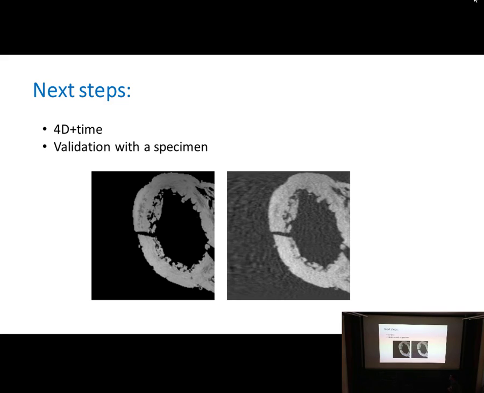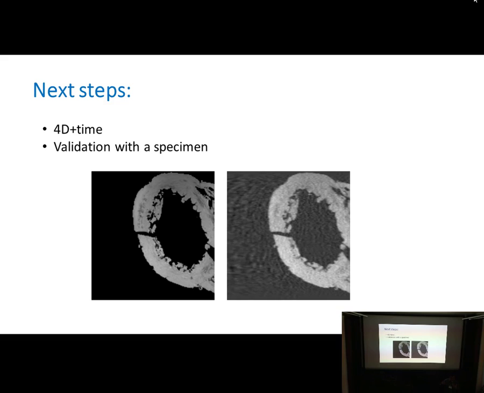Of course, there are limitations. What are the limitations? First of all, when the heart is dead, things are not fully stretched. In many places, the trabeculae will shrink. Right? So that causes an additional problem.